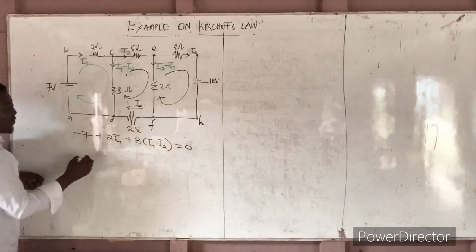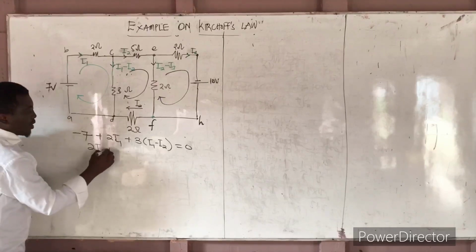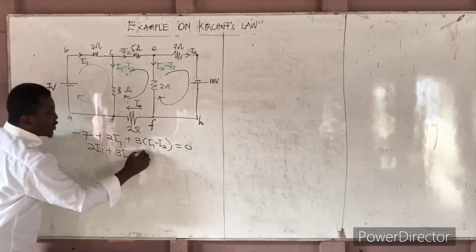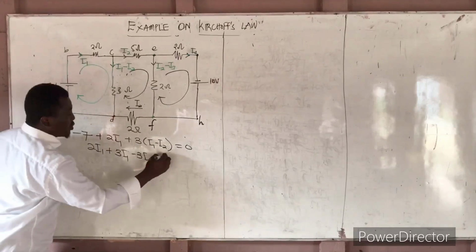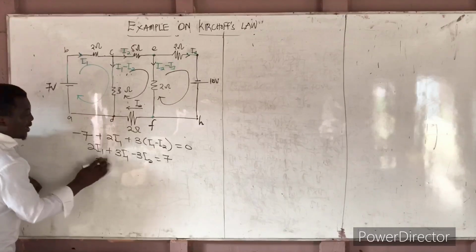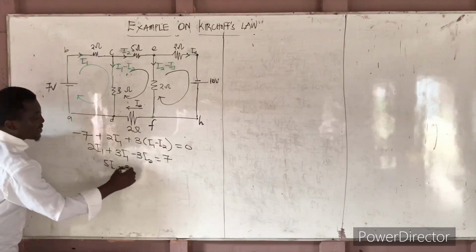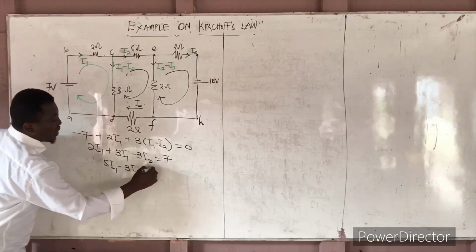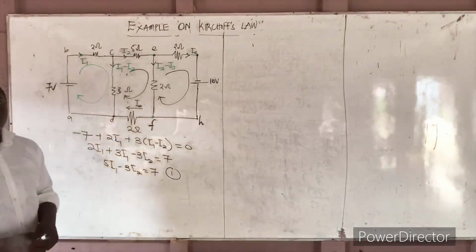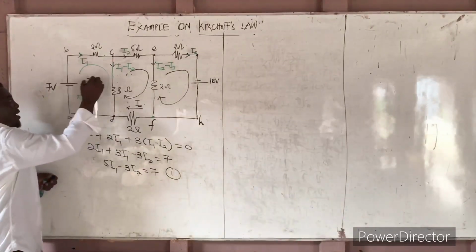We can simplify this and get 2I1 plus 3I1 minus 3I2 minus 7 equals 0, so 2I1 plus 3I1 is 5I1, and 5I1 minus 3I2 is equal to 7. That becomes our first equation.